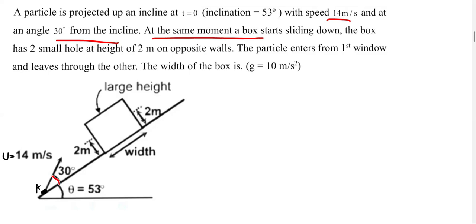At the same moment, a box starts sliding down. This is the box. The box has two small holes at a height of 2 meters on the opposite walls.